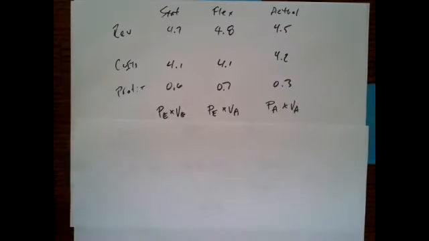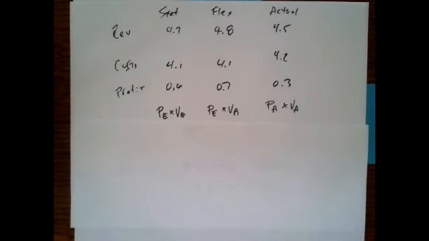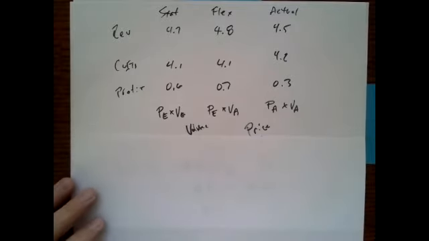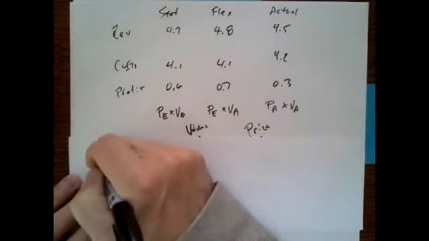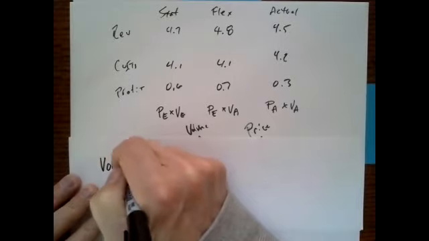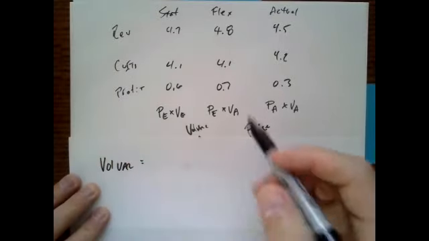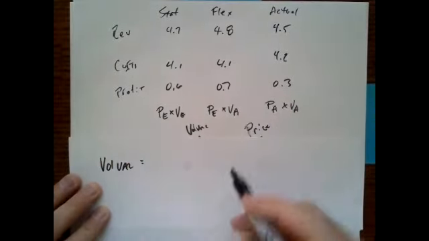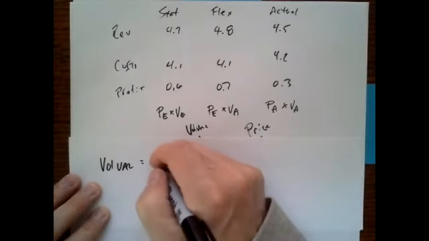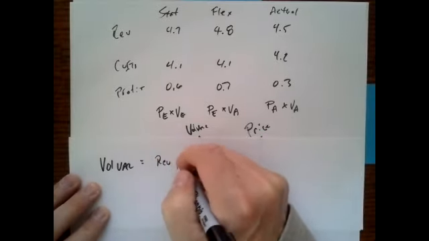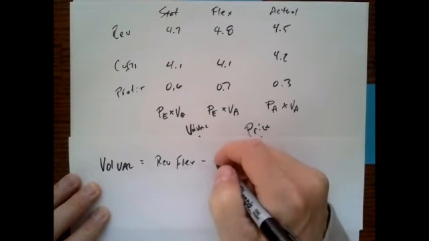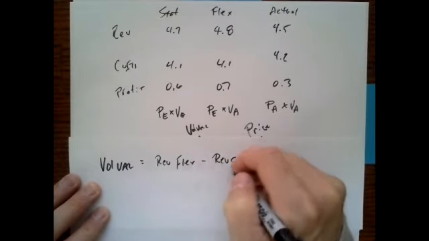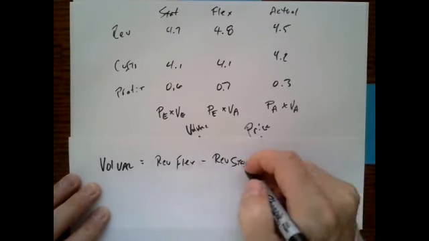Part D asks us to calculate the volume and price variances on the revenue side. Okay, so volume variance for revenue is going to be the revenue flex minus the revenue stat.